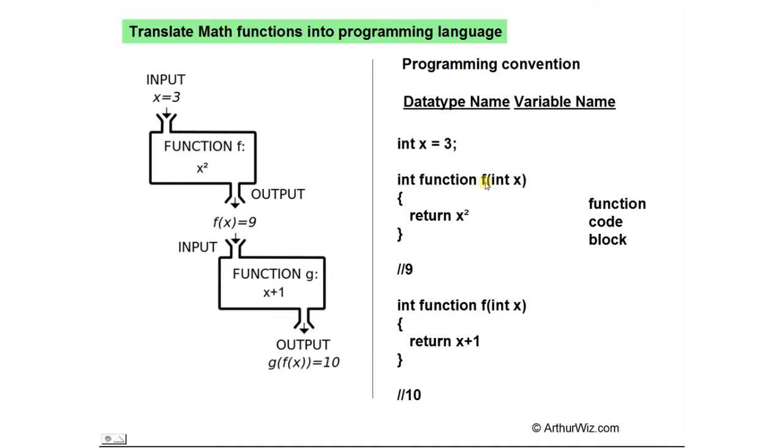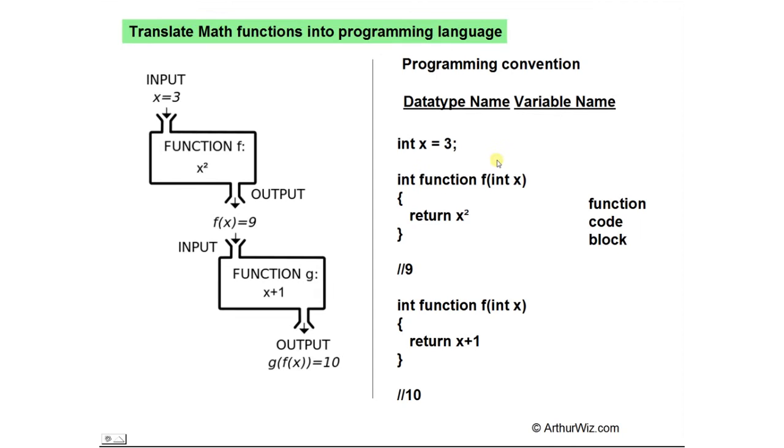F will be the function name. And the input, the type of data you can input into this function, is an integer called x. And what this function is going to return is designated in front of this function. The function is going to return a data type of integer.